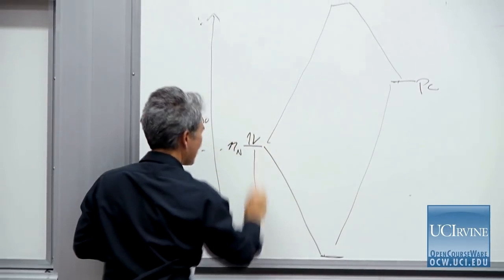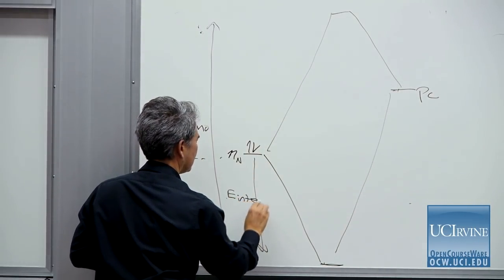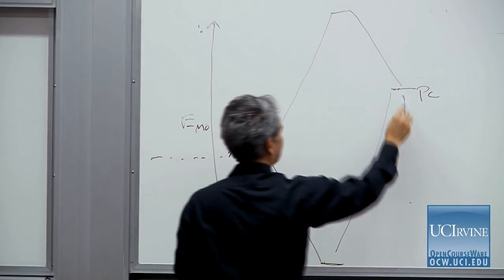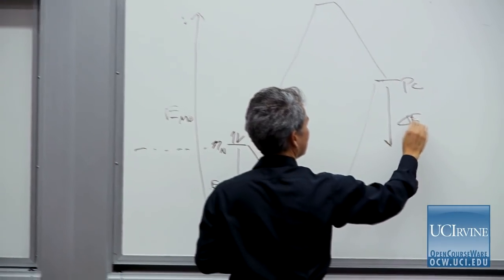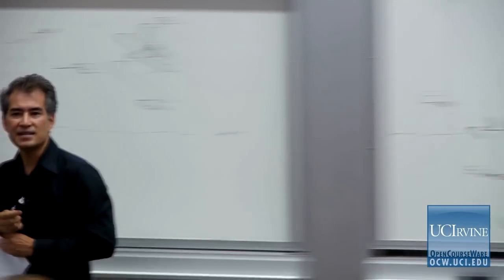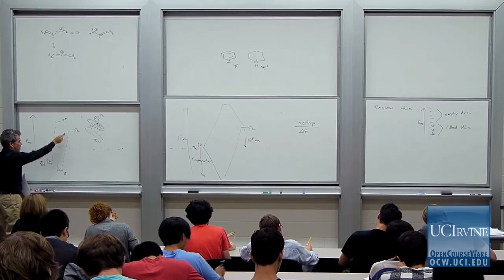You get more interaction energy out when these two are closer. So this is delta E between our MOs, and I get more interaction energy out, E sub interaction, than when these are far apart.